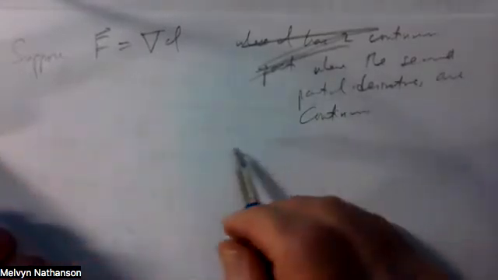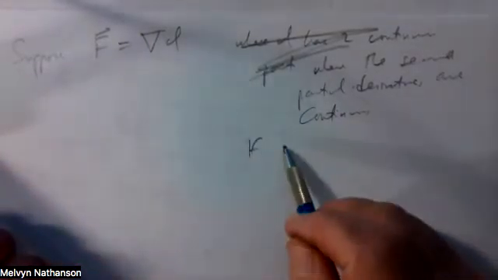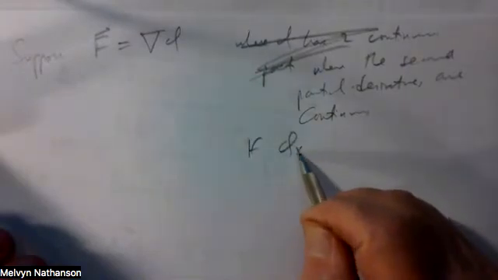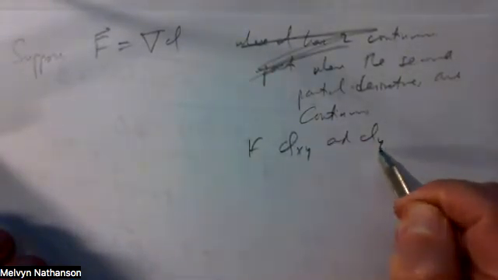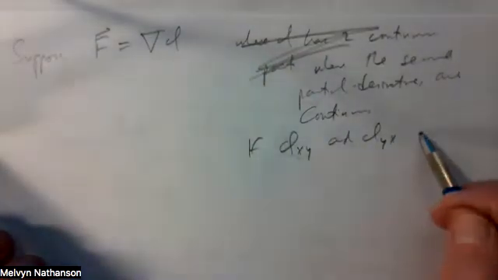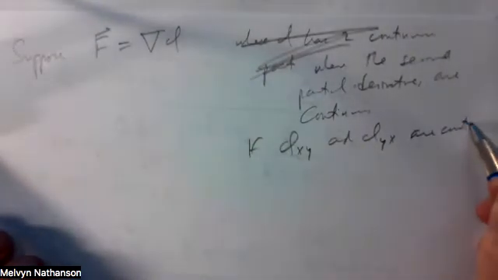And we know that if we take the partial derivatives of phi with respect to x and y in the 2 possible orders, and if these are continuous, then they're equal.